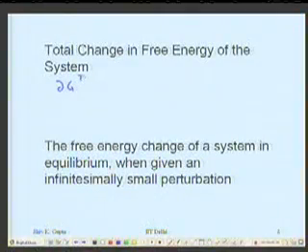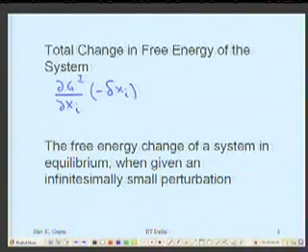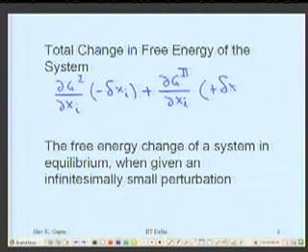The total change in free energy of the system is therefore 0.